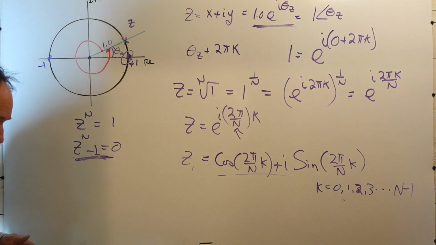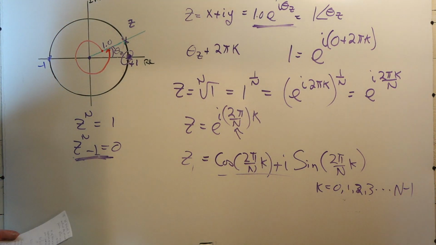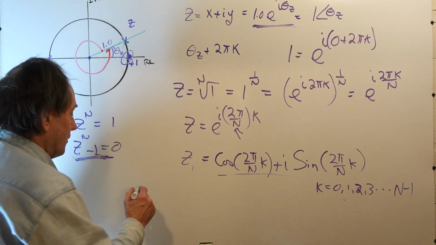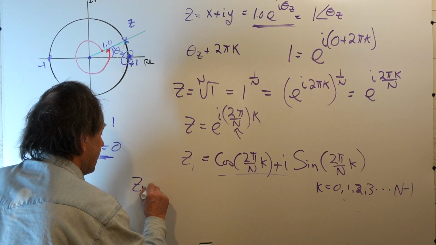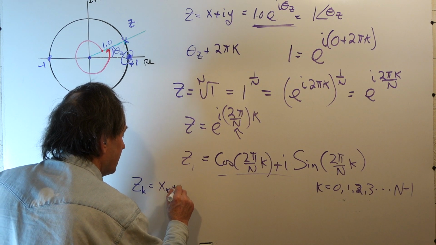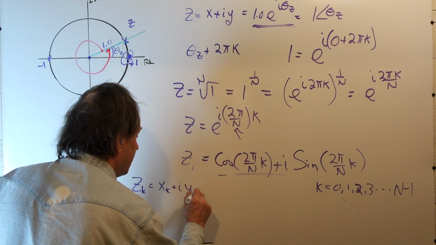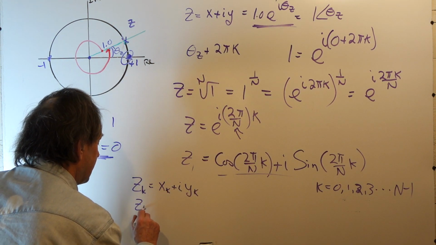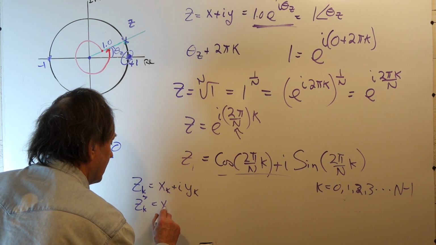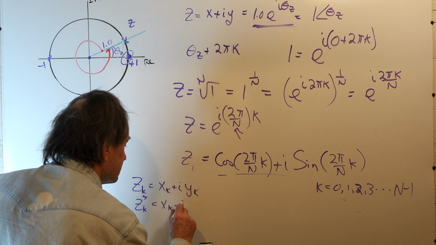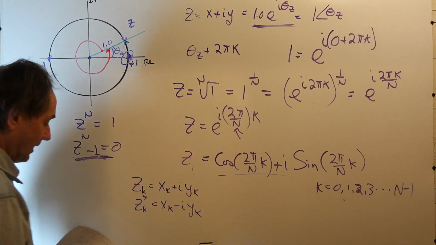I proved that in an earlier video. And so if zk is equal to xk plus i yk, then we know that the conjugate of zk is also a root, so it would be xk minus i yk, the complex conjugate.